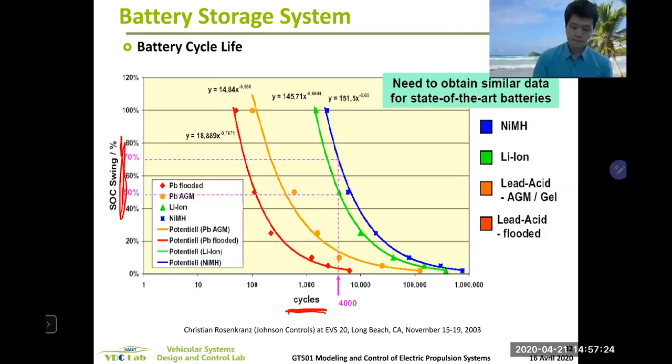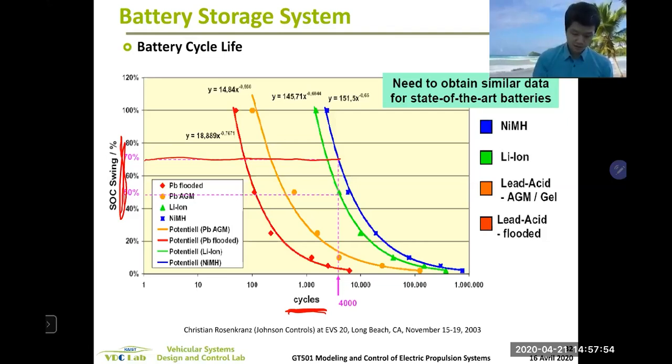Okay. For example, if you use your battery 70% every day, let's say you have a smartphone, right? And then every day you use your smartphone 70%. You know, by the time you go to bed, you use 70% of your battery. Then you have 70% SOC swing, right?